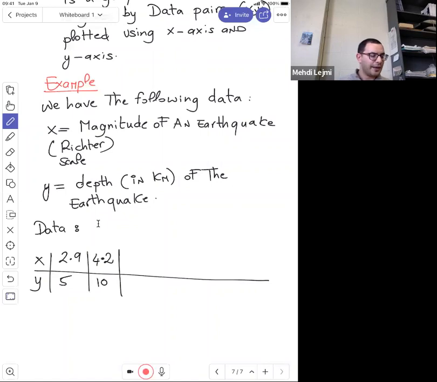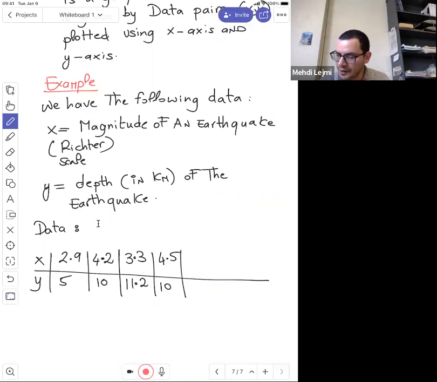Third earthquake. The magnitude is, let's say, 3.3, and the depth is 11.2 kilometers. All right, etc. So we have how many data pairs? We have 7. Then we have 4.5, and the depth in kilometers is 10.